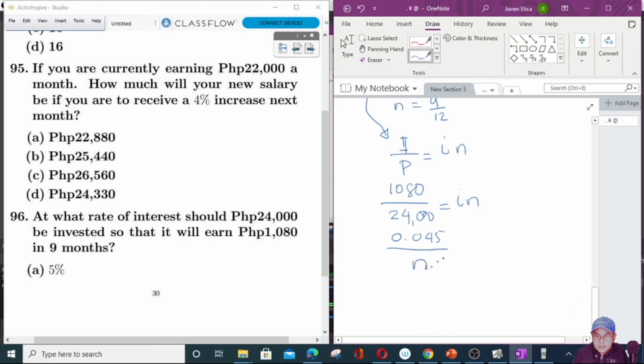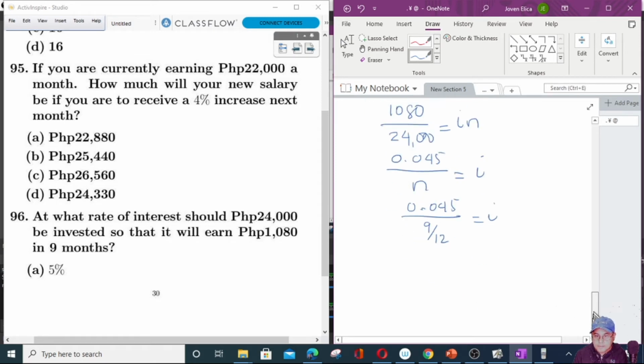Divide by N, the value of I is equal to 0.045 divided by our N, which is 9/12. 9 divided by 12 is 0.75.